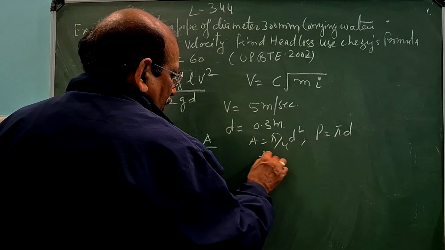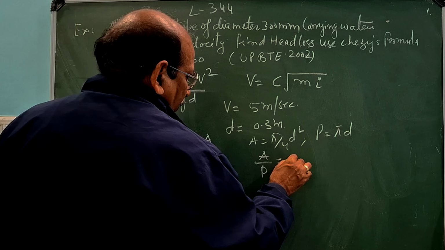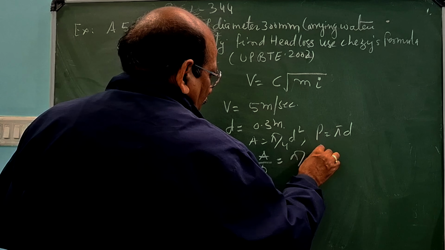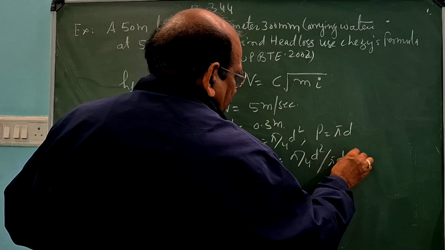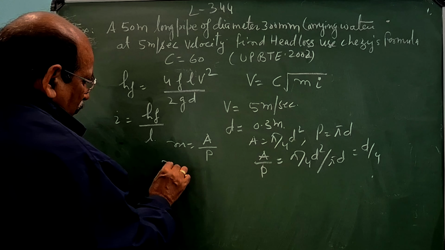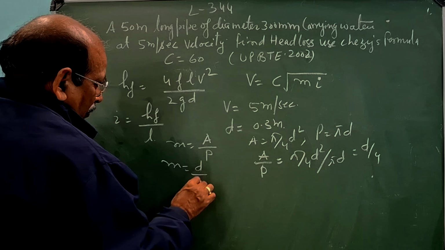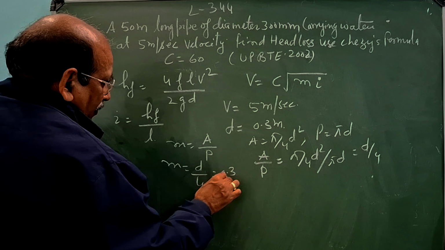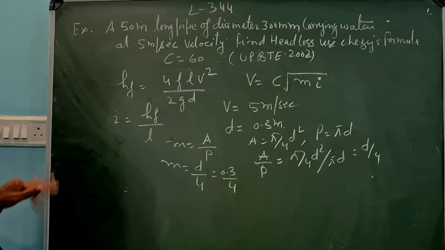So A by P is pi by 4 D square divided by pi D, that is D by 4. So m equals to D by 4, that is 0.3 divided by 4.